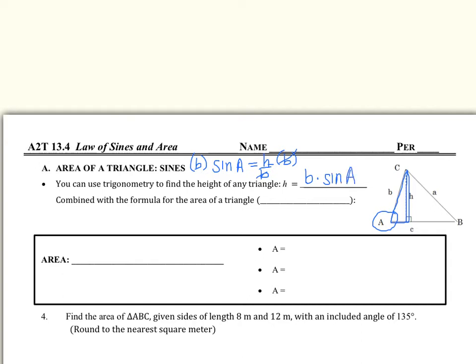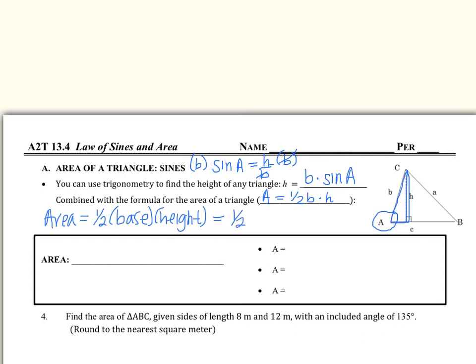So now that we know the height of this triangle, we should be able to combine it with the formula for the area of a triangle, which is area equals 1/2 base times height. So area equals 1/2 the base times the height.